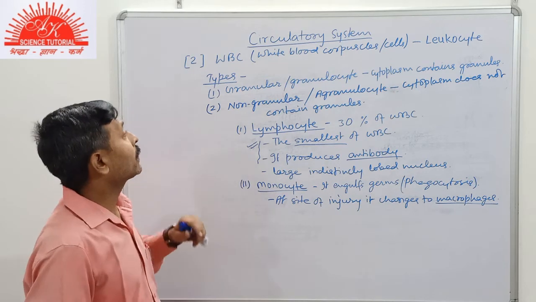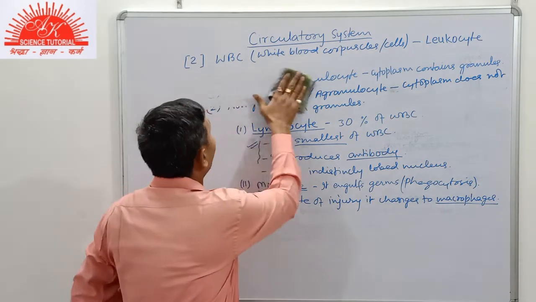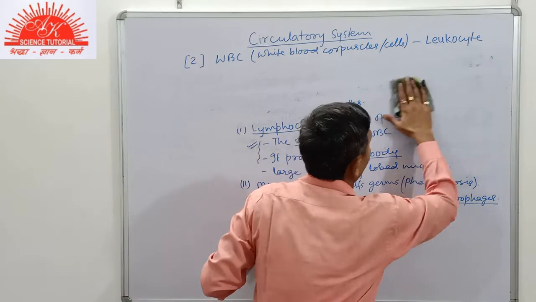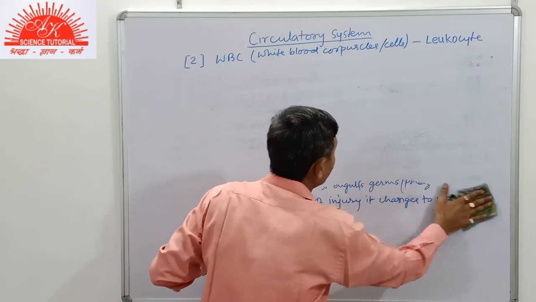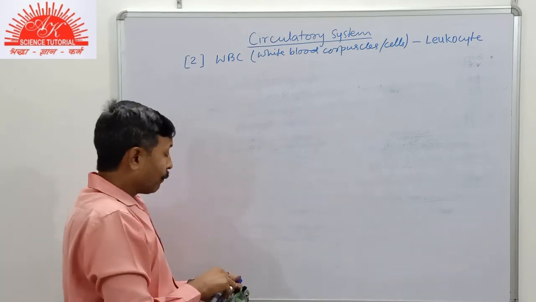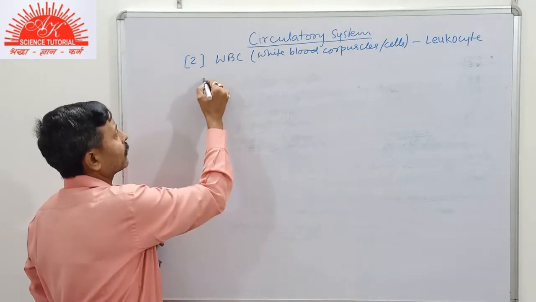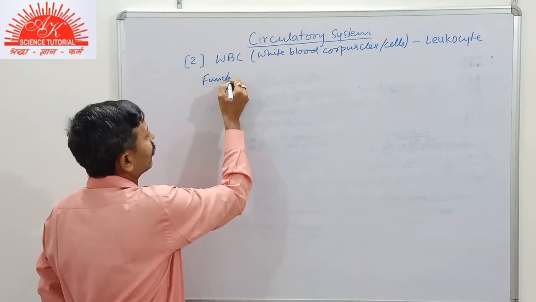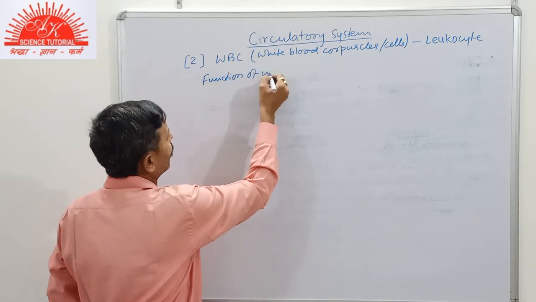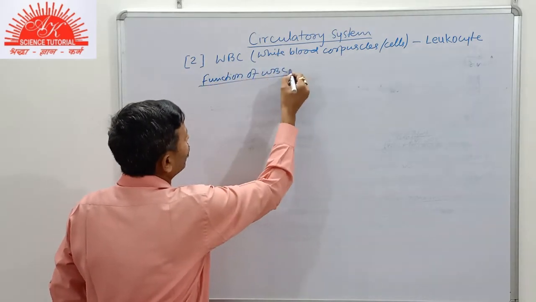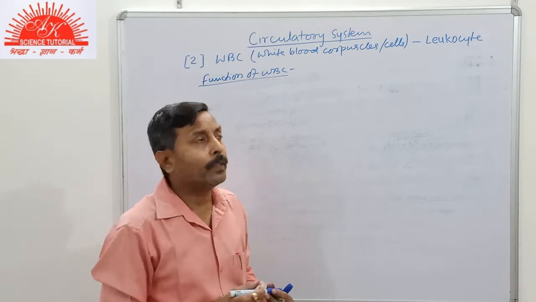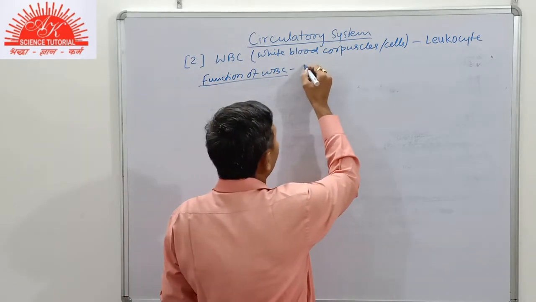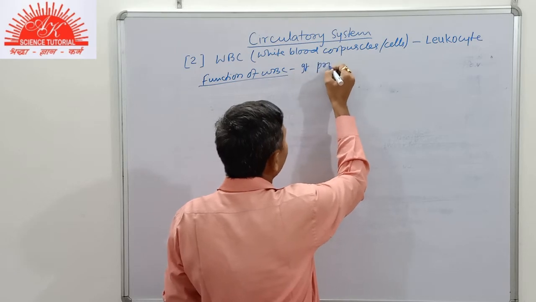So students, these were the 5 types of WBC. Now if we study the function of WBC, if the question is asked directly, what is the function of WBC, then we can write that it provides immunity.